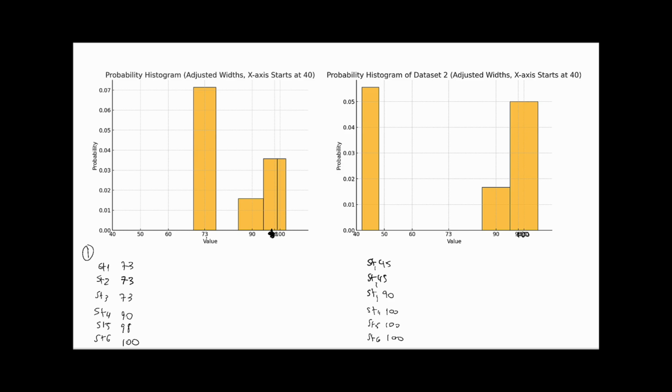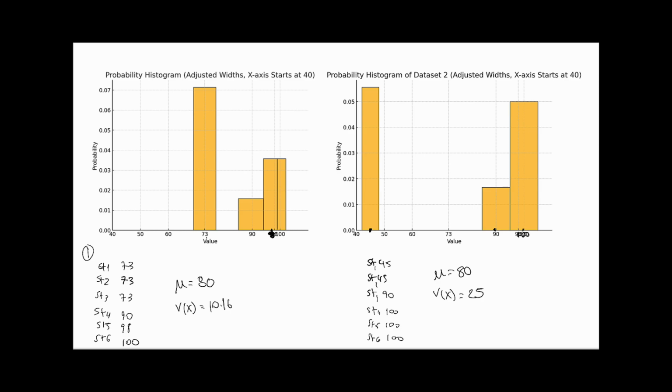But anyway, the areas show probabilities. I had a mean of 80 and a variance of 10.16. The other one has the same mean of 80, with a variance of 25. Here I have 45, 90, and 100.